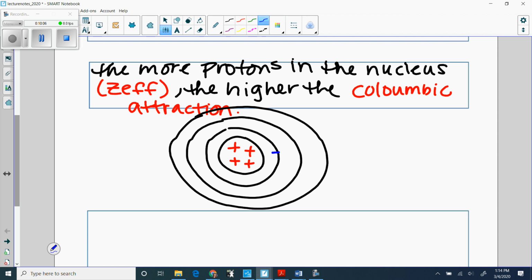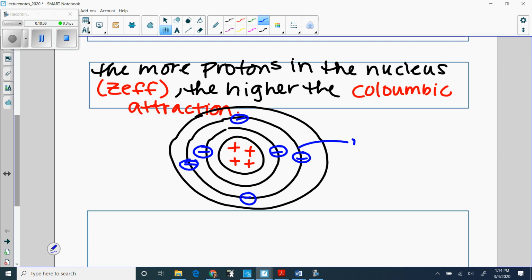My first energy level can only hold a maximum of 2 electrons, so I'm just going to draw 2 blue negatives. I just drew 4 in my second energy level, a little bit random. And I'm going to draw none in my third, just to show that it's there, but nobody is currently living in it.